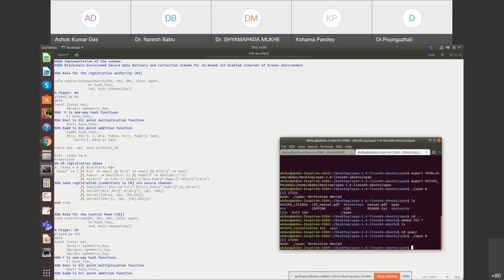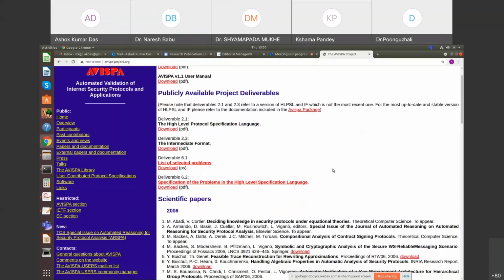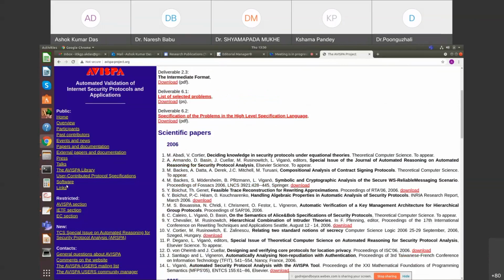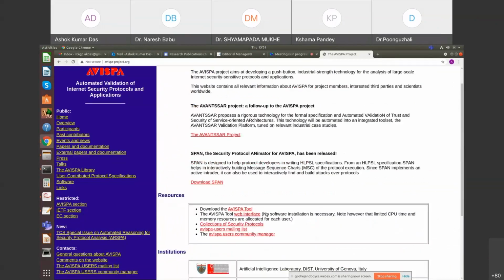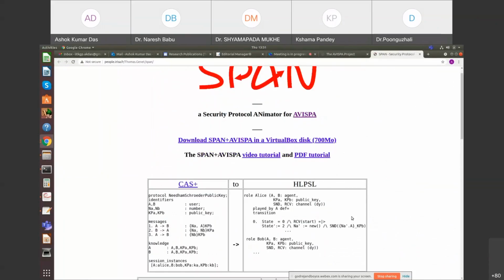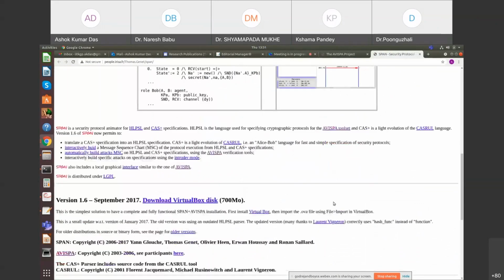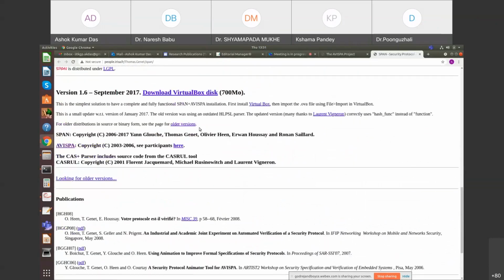Then I have to reinstall again. Okay. This SPAN tool is there. So if you look here, download SPAN is there. You will see the older version is there.